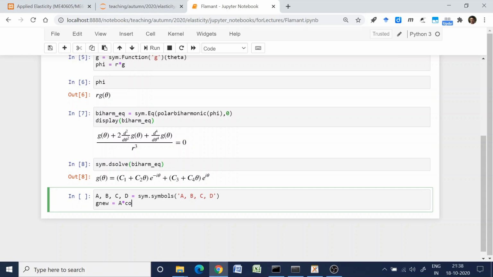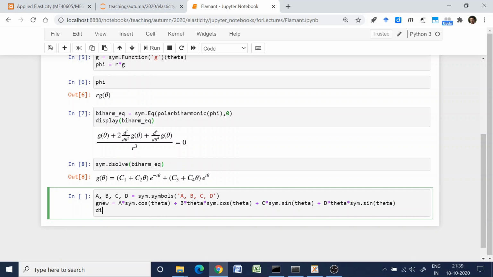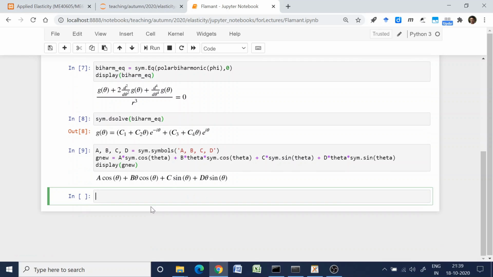So a into cos theta plus b into theta into cos theta plus c into sin theta plus d into theta into sin theta. So that's the solution form that I want to deal with.